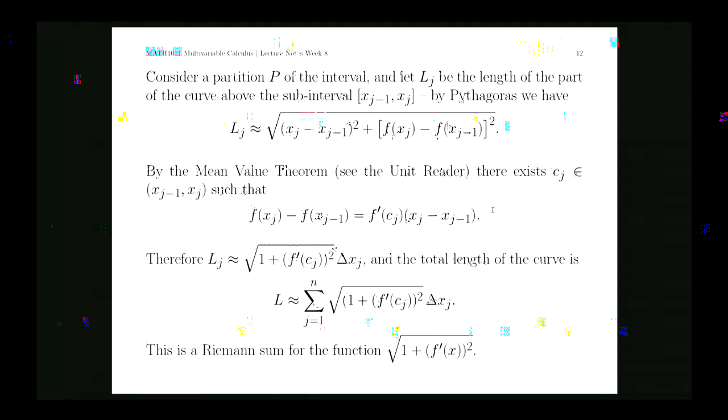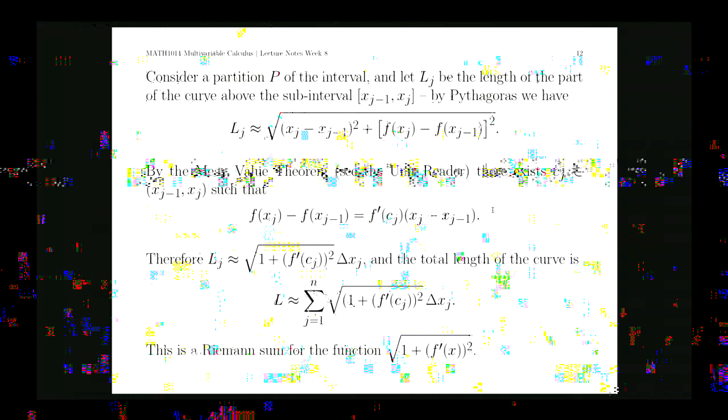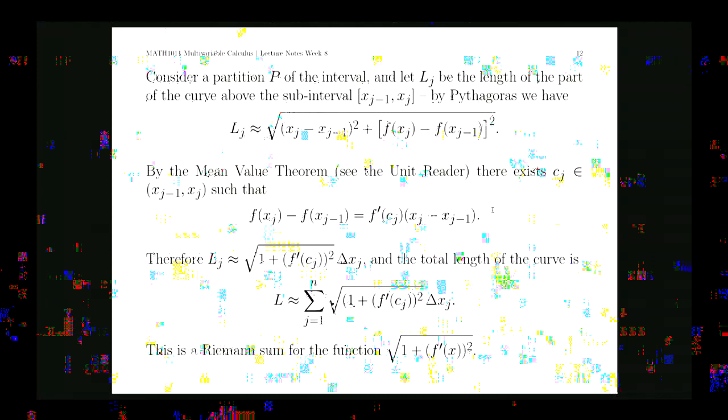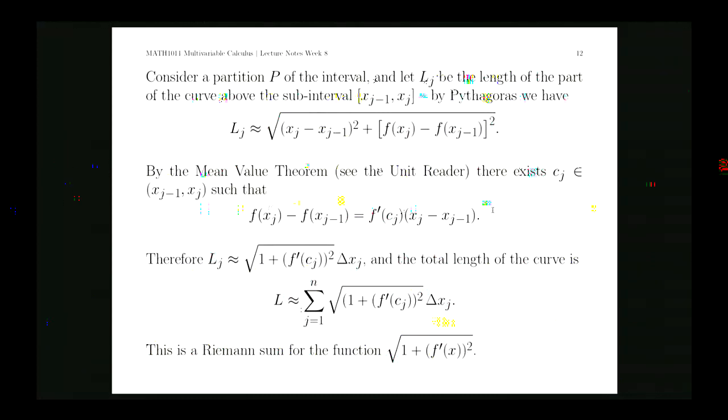So the length is approximately the square root of 1 plus the derivative of the function all squared, evaluated somewhere, times the width. And in the limit as the width goes small, this is a Riemann sum of this function.